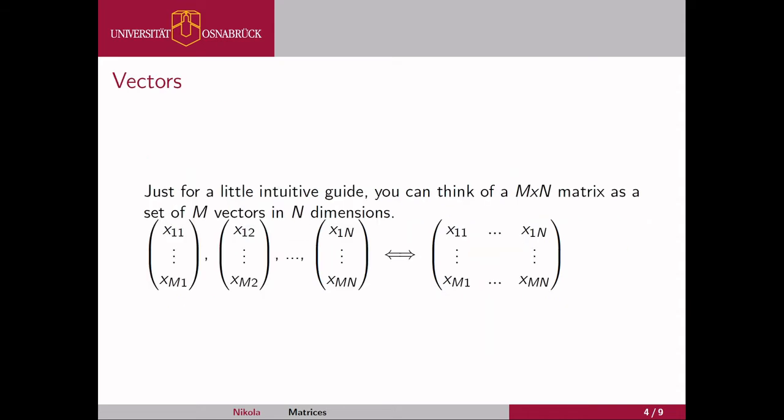So, first off, for a little intuitive guide, what does a matrix mean? In a matrix, you have rows and columns, but that does not necessarily mean that a matrix is representing something two-dimensional. I mean, sure, for example, your computer screen can also be expressed as a matrix, right? You have pixels. Pixels can be represented as the entries of a matrix.